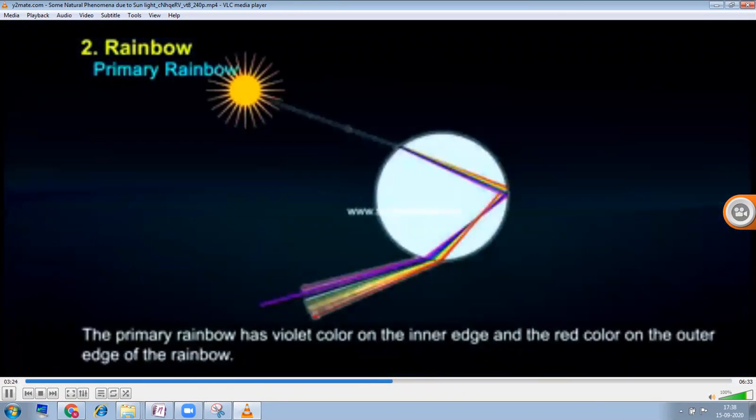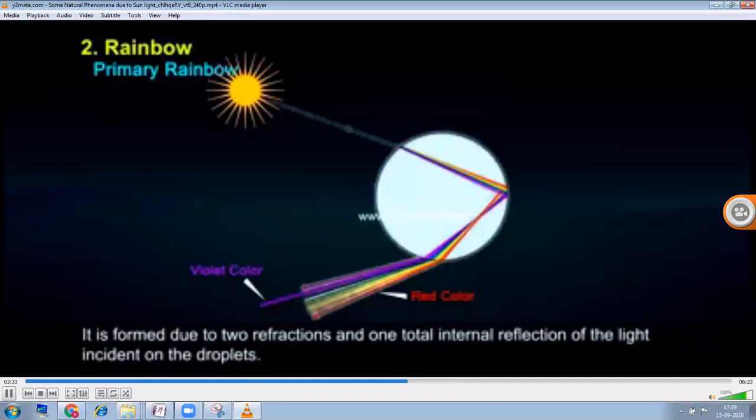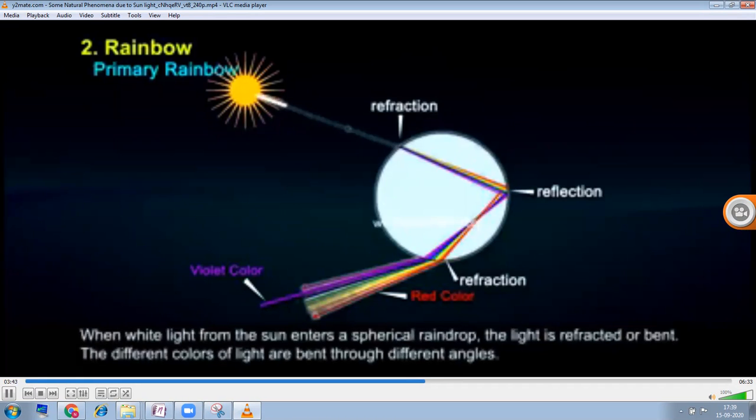Primary rainbow. The primary rainbow has violet color on the inner edge and the red color on the outer edge of the rainbow. It is formed due to two refractions and one total internal reflection of the light incident on the droplets.